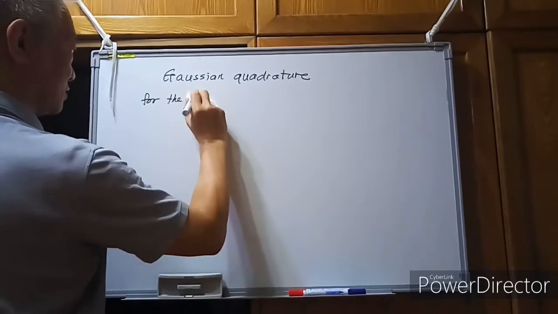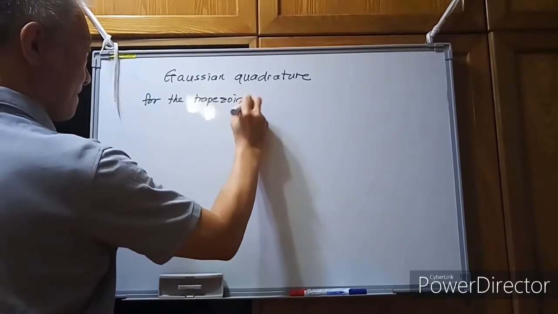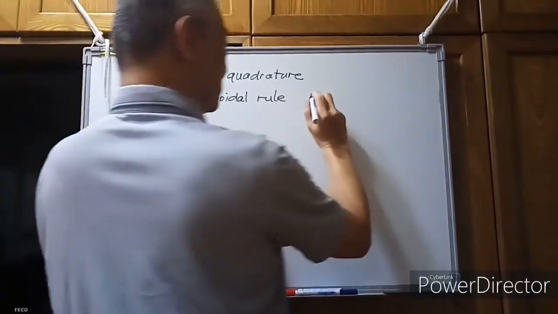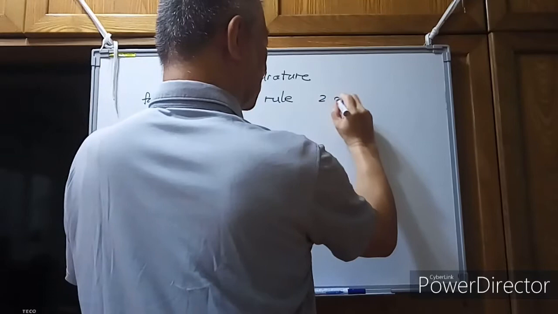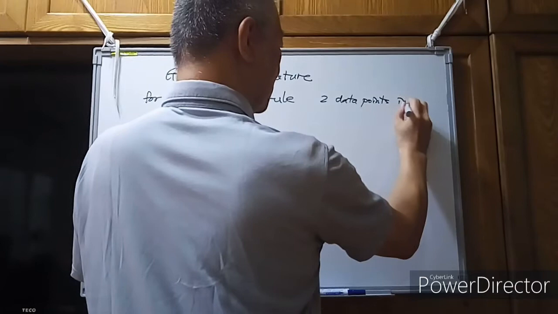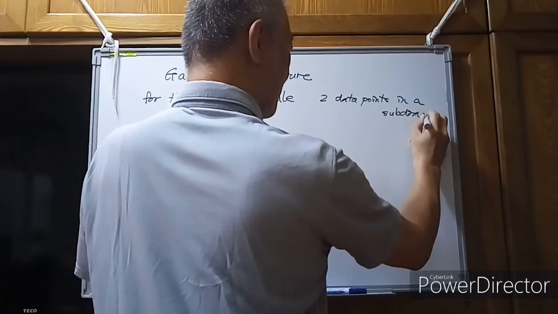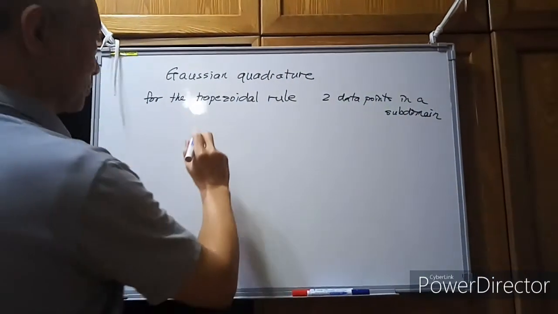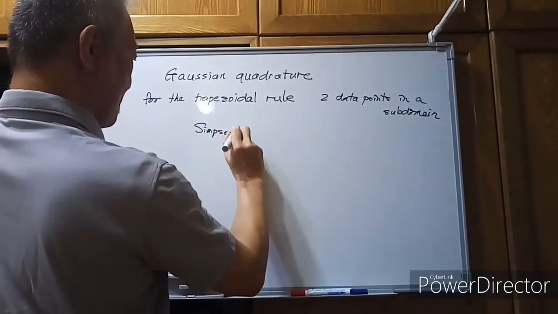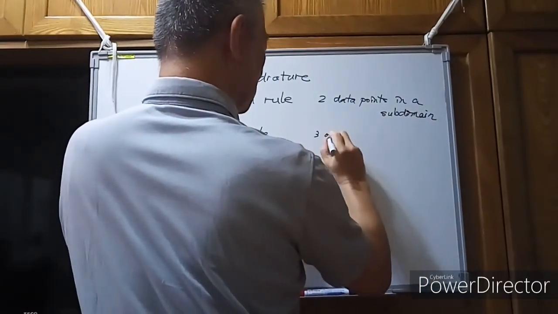for the trapezoidal rule, we use 2 data points in a subdomain. And for Simpson's rule, we use 3 or more.